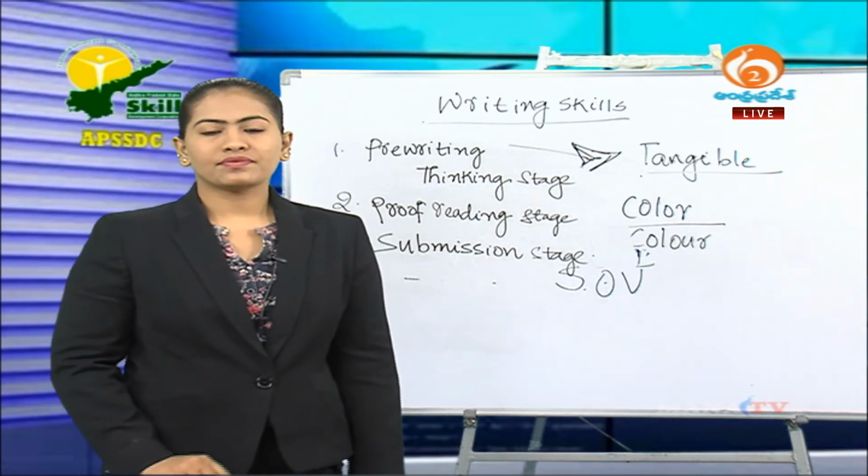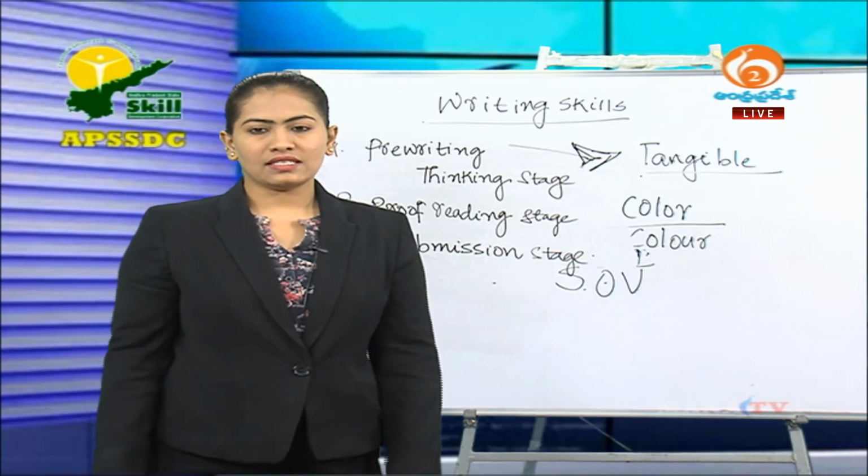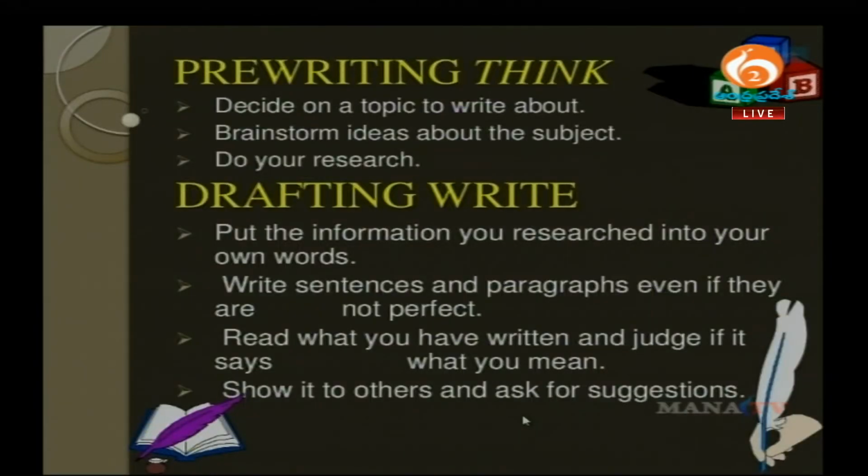Moving on to understand this further, just going back to understand this a little more in detail. Decide on a topic to write about, brainstorm ideas about the subject, and do your research, is what your first stage talks about. Drafting, that is the second stage: put the information you researched into your own words.